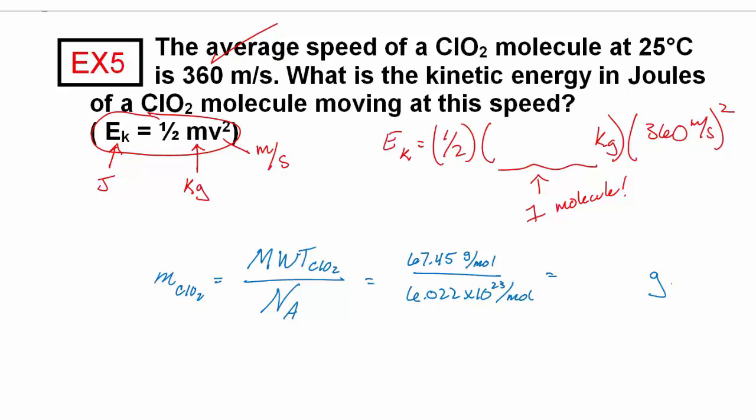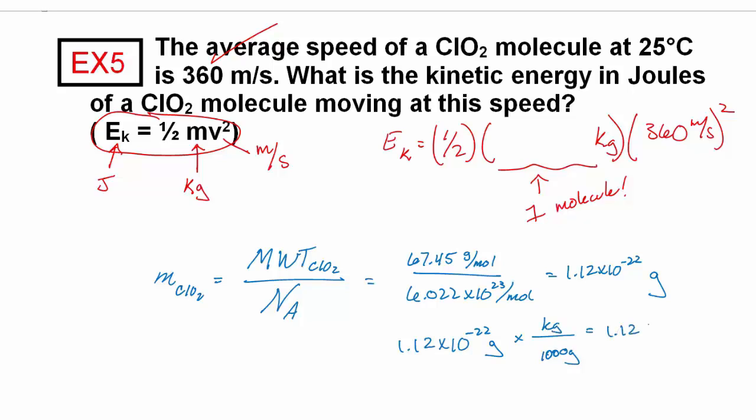67.45 divided by 6.022 times 10 to the 23rd, 1.12 times 10 to the negative 22 grams. But I need my mass in kilograms, so 1.12 times 10 to the negative 22 grams. I've got 1,000 grams in a kilogram, so move the decimal place over 3 more places.